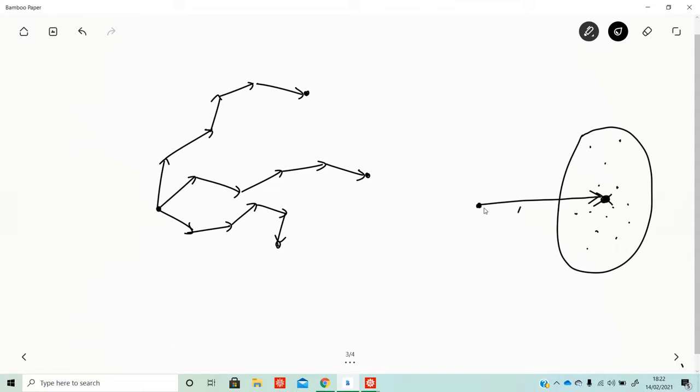Let's say this is delta x. If we want to work out the velocity at that point, we do delta x divided by the time difference, and that gives us the average velocity between the initial state and the final state.